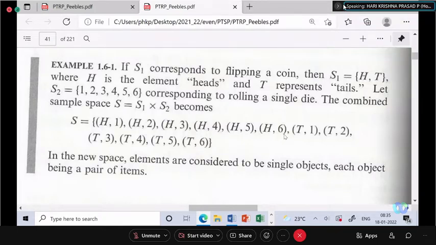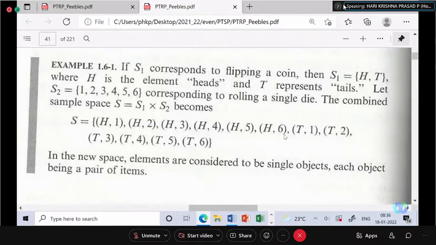When it comes to the second element, it is taken from the second sample space. The second elements are distinct in the first six ordered pairs. Now let us see the second set of six ordered pairs in the combined sample space. The first element of all the second set of six ordered pairs is tail.